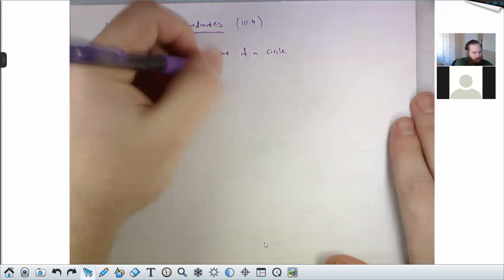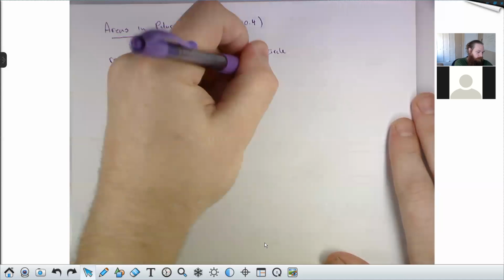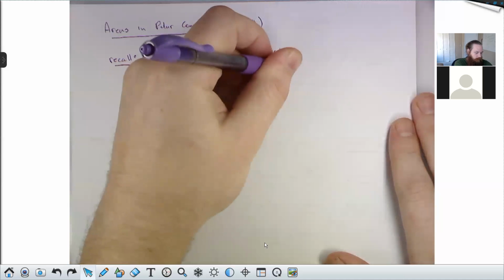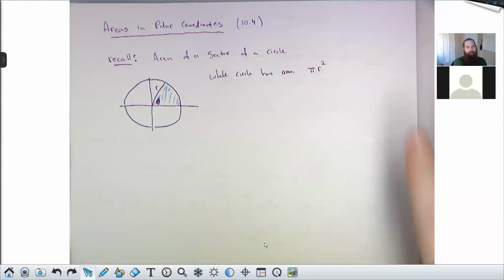You know that the whole circle has area pi r squared, right? And you know that the area of the sector here should be a linear function of theta, right? If theta is half of the circle, pi, then you should get half of the area. If theta is a quarter of the circle, pi over 2, you should get a quarter of the area.